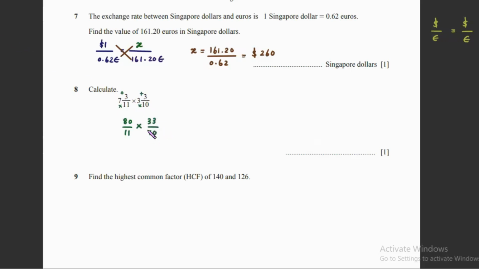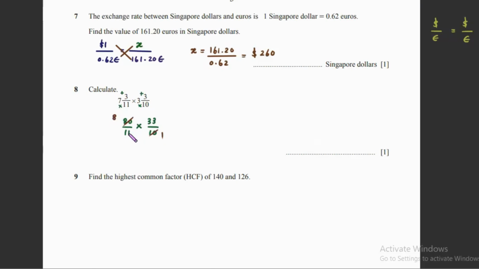I'm going to simplify before I multiply, which makes it much easier. So when we have fractions, in this case, we can simplify the numerator and the denominator of any two fractions or within the same fraction. That means I can divide this 80 and 10. They can be simplified by dividing both by 10. So this becomes an 8 and this becomes a 1.